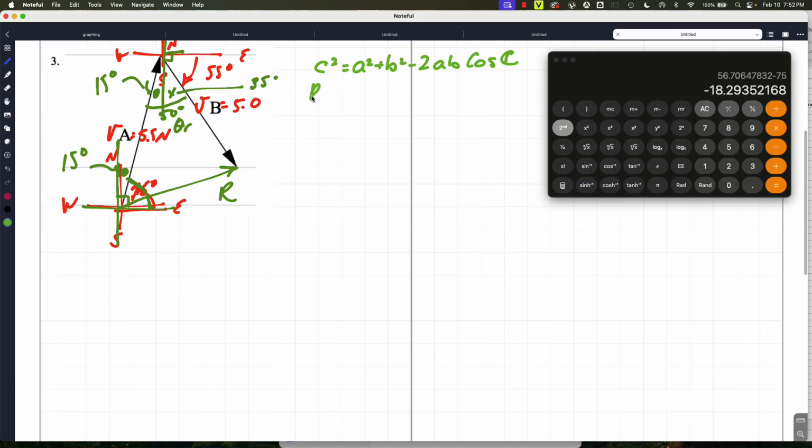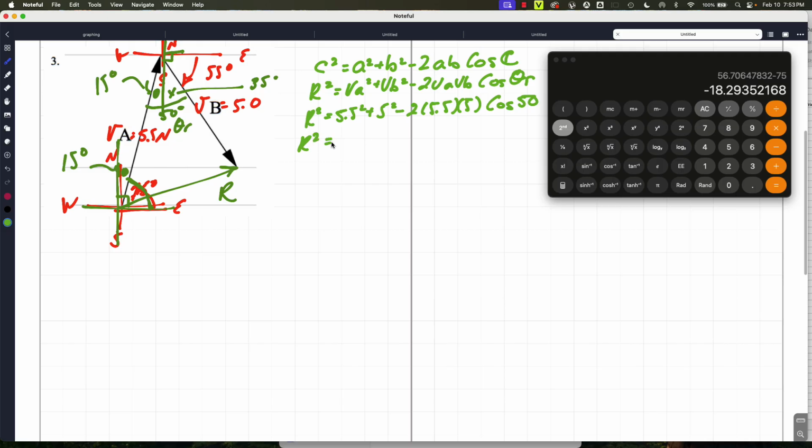We're solving for R squared. A and B are arbitrary, so let's just keep it consistent, and we'll go VA squared plus VB squared minus 2VA VB cos, and we're using theta R. Continuing with our subbing, it's 5.5 squared plus 5 squared minus 2 times 5.5 times 5 cos 50 degrees.